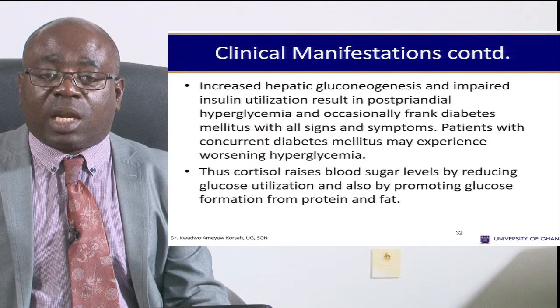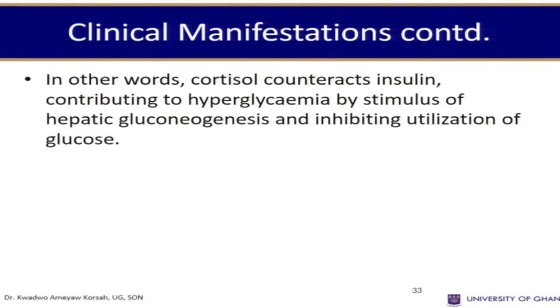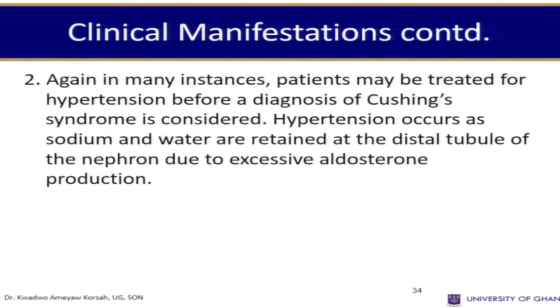Cortisol raises blood sugar levels by reducing glucose utilization and also by promoting glucose formation from protein and fat. In other words, cortisol counteracts insulin, contributing to hyperglycemia by stimulating hepatic gluconeogenesis and inhibiting utilization of glucose.